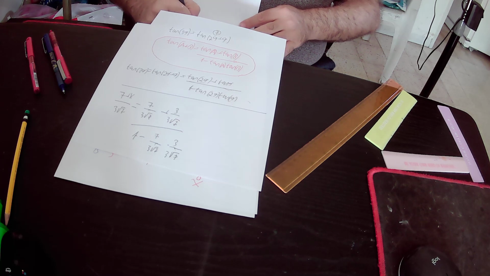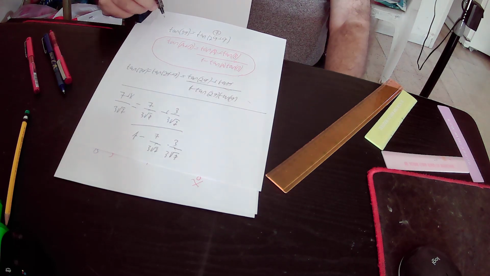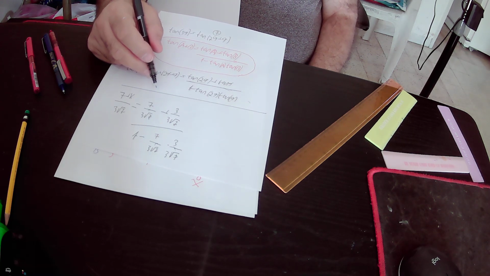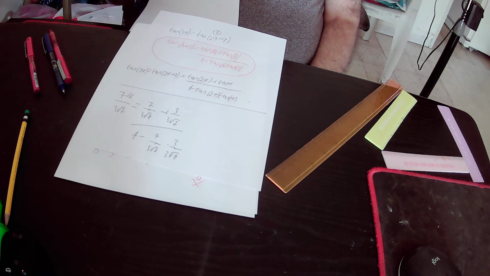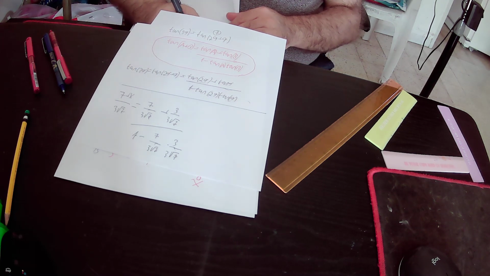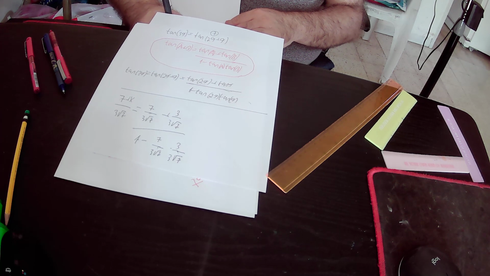So actually here 7 plus 3 is 10. So I will write down again 7 plus x over 3 times root 7, and 7 plus 3 is 10 over 3 times root 7.